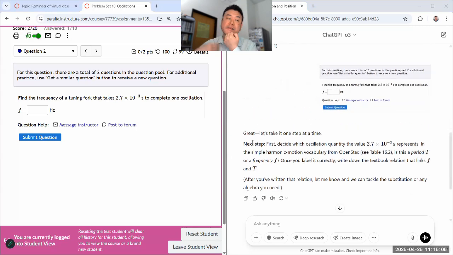I'm acting a little slower than I ought to, because I think most of you know this is period, and maybe you need a reminder of the relationship between period and frequency. But let's just say we literally pasted this question because I didn't do any reading. I'm completely lost. That's why I did that.